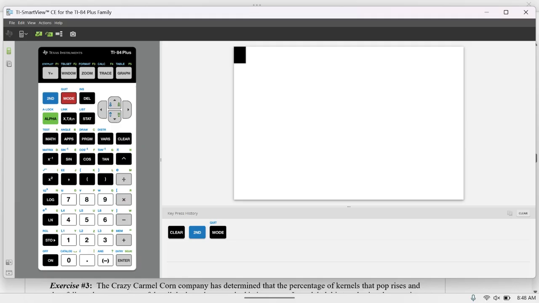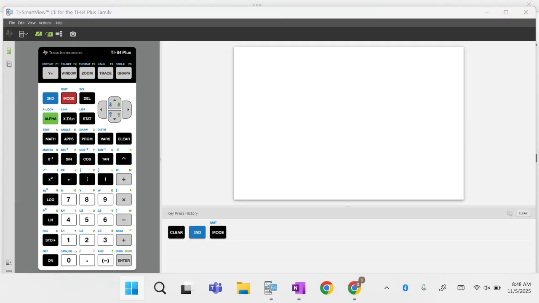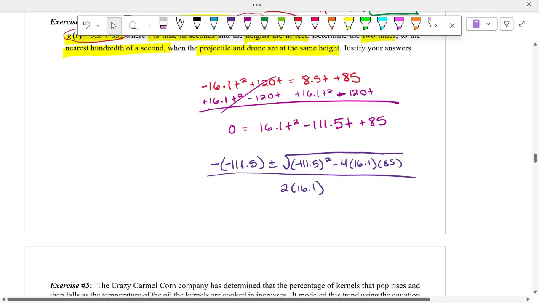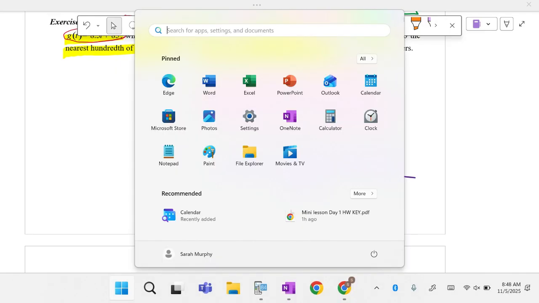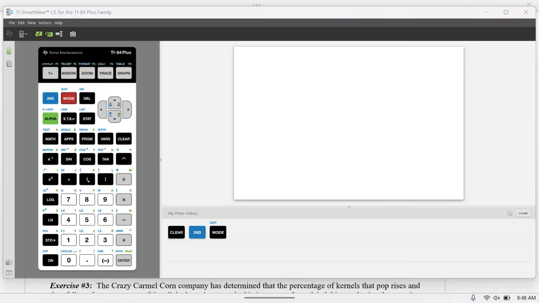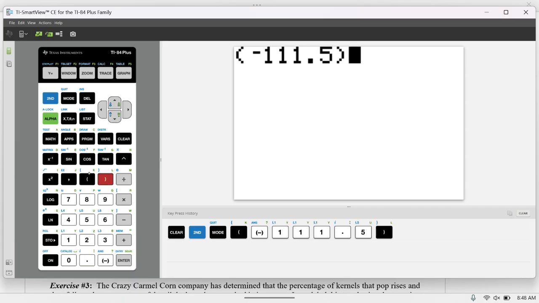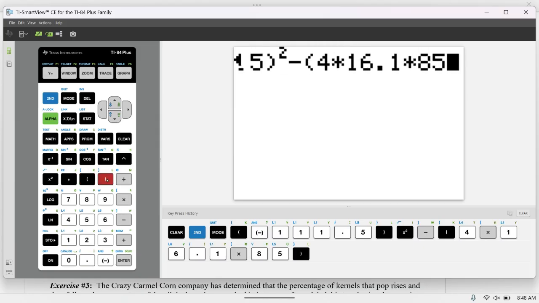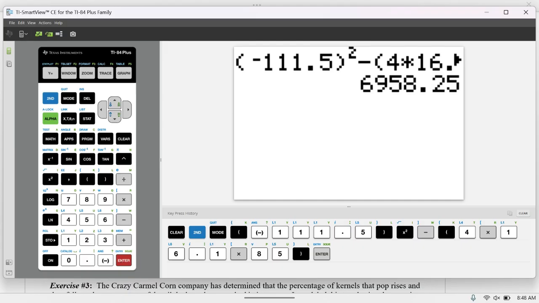The first thing I'm going to do is type in just what's under the radical. Be very careful with your parentheses: negative 111.5, all squared, minus, and I'm going to put this in parentheses, 4 times 16.1 times 85.